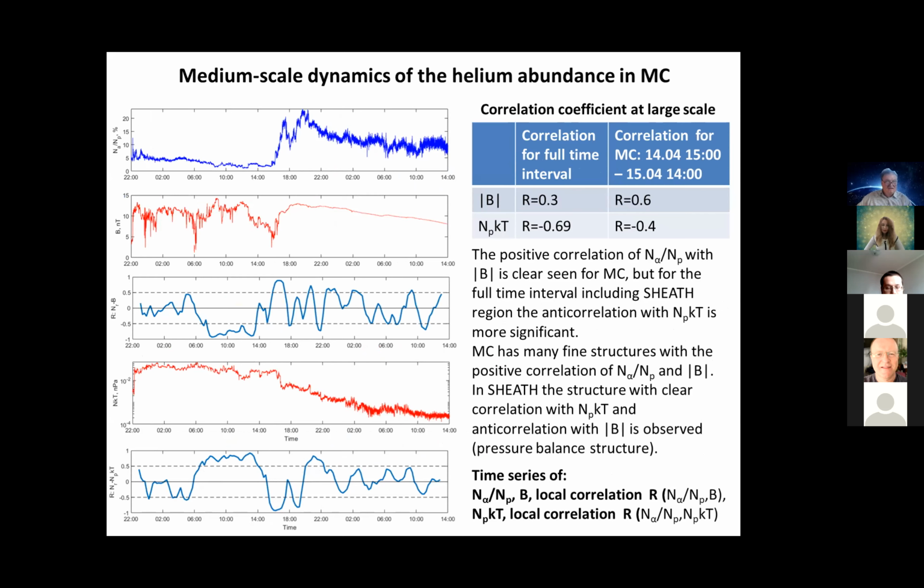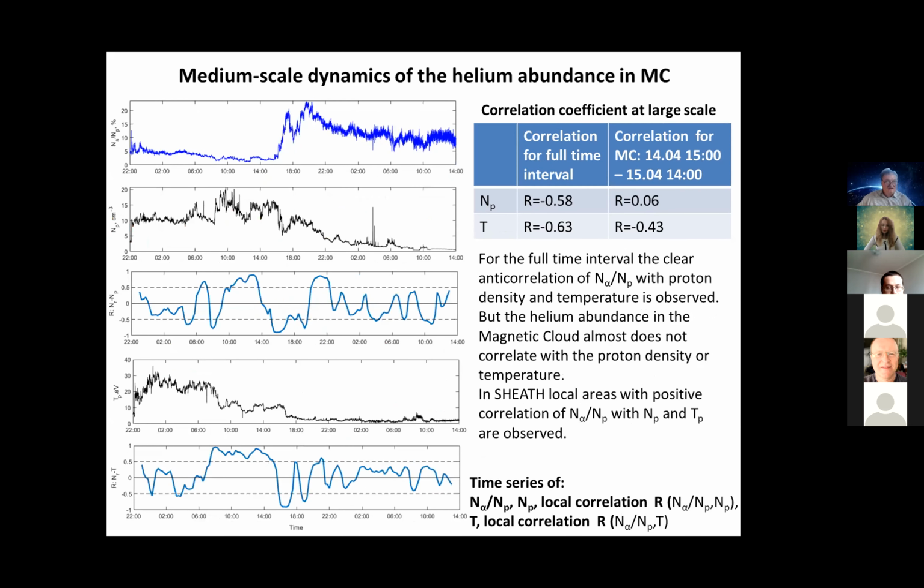The magnetic cloud has many fine structures with positive correlation of helium abundance and magnetic field. In the sheath, structures with correlation with thermal pressure and anticorrelation with magnetic field are observed.